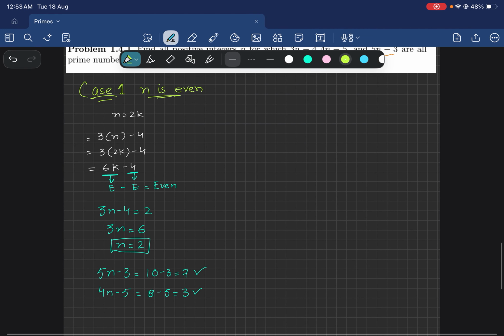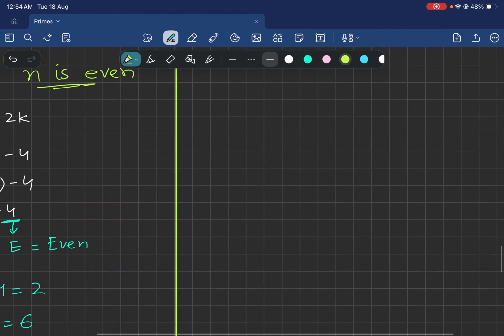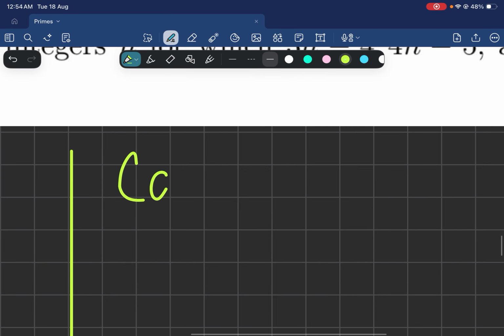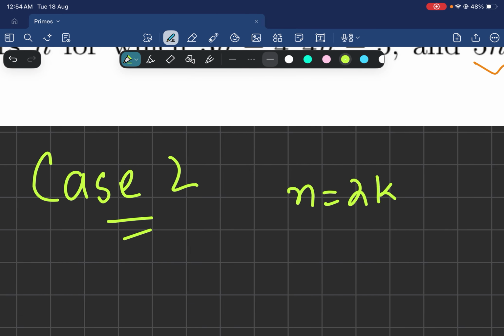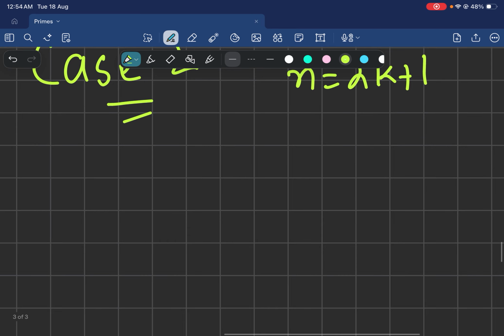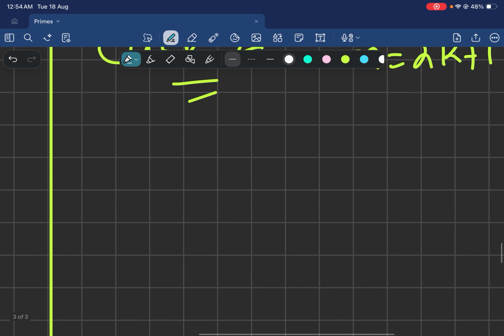Let's see what happens in case 2, when n is an odd number. When n is odd, we try 3n minus 4.